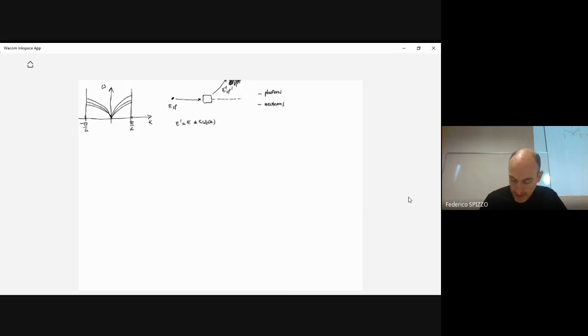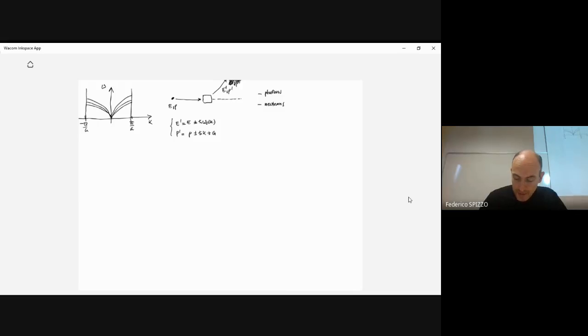Also P prime, the momentum of this particle, is equal to the momentum before the interaction, plus or minus h bar k, again depending on absorption or emission of a phonon, plus G, because the interaction takes place within the ionic lattice. So the crystal momentum is conserved within an arbitrary vector G belonging to the reciprocal lattice.